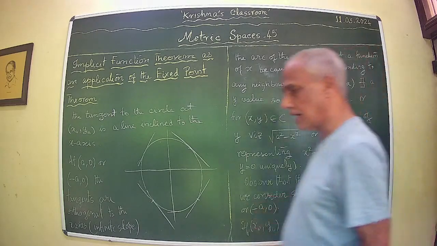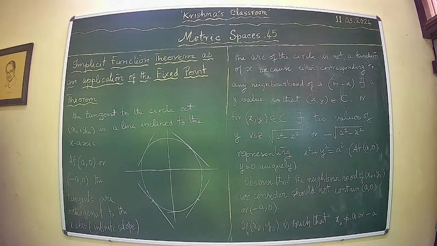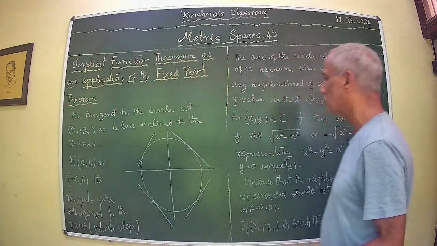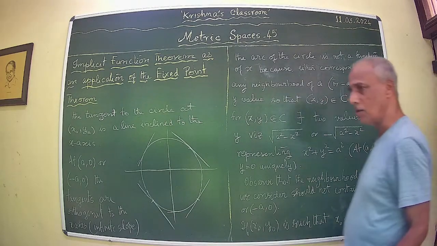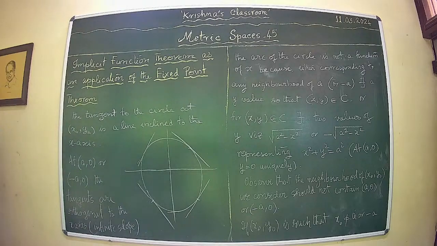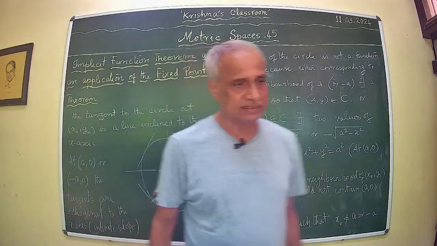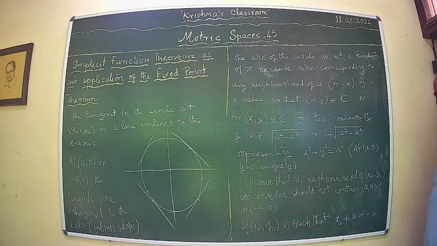we remember the analysis on the straight line ax plus by plus c equal to 0. There we found that it solves to y as a function of x uniquely whenever the slope is not equal to plus infinity or minus infinity.